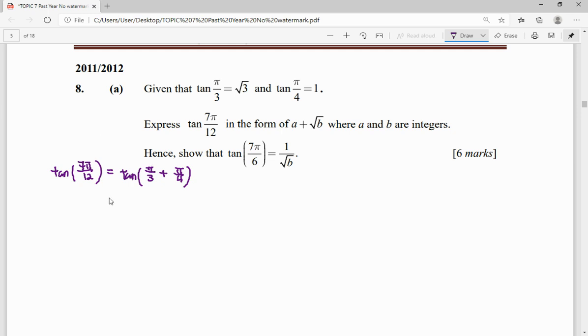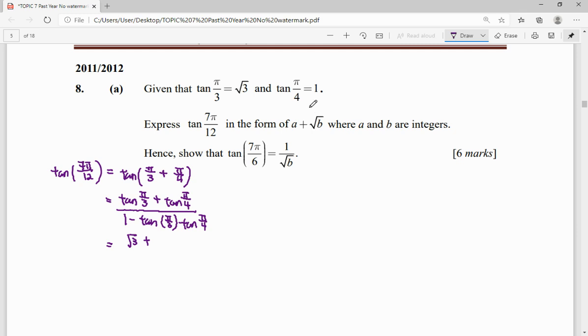So we use the compound angle formula for tangent, where our A angle is pi over 3 and B angle is pi over 4. The formula will be tangent A plus tangent B, over 1 minus tangent A tangent B. Then we plug in our values, where tangent of pi over 3 is equal to root 3.